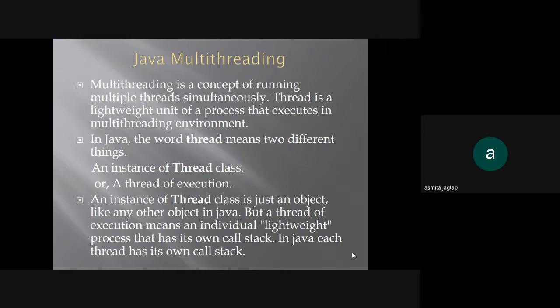Then a program can be divided into a number of small processes, and each small process is considered a thread. And that is a lightweight process. You can think of a lightweight process as your virtual CPU that executes your code as well as Chrome as well as your PPT simultaneously.